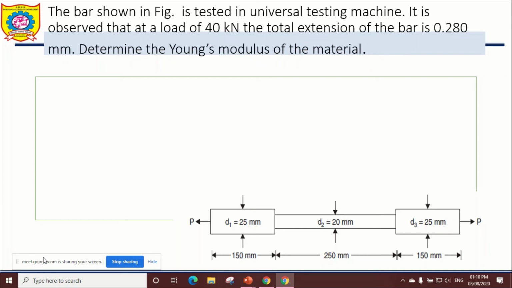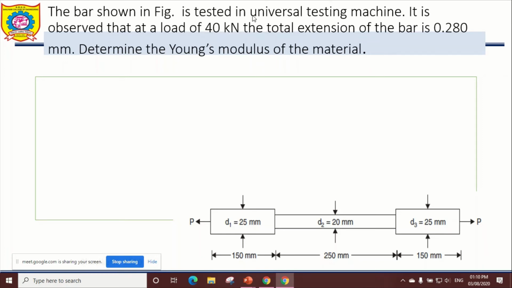So the bar as shown in the figure is tested in a universal testing machine. What is the use of this universal testing machine? UTM, universal testing machine. Have you heard the name?